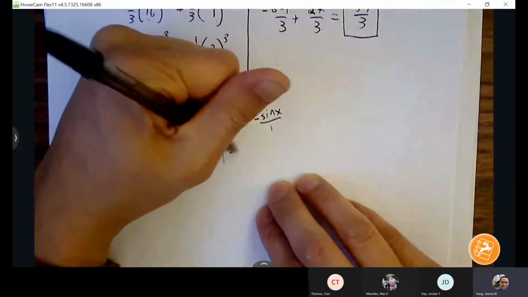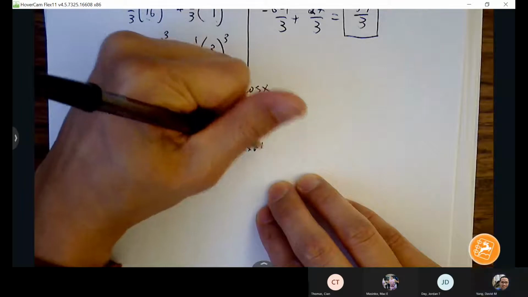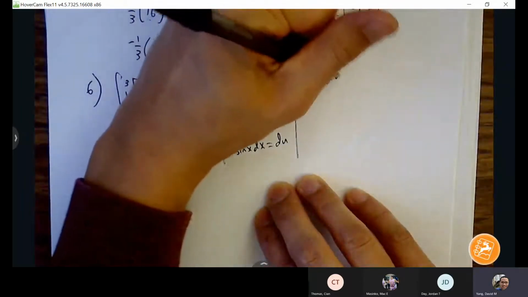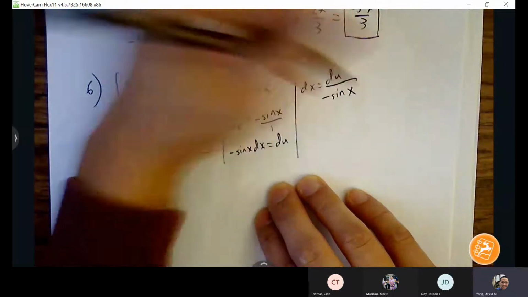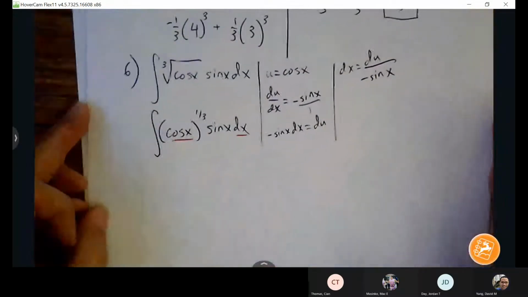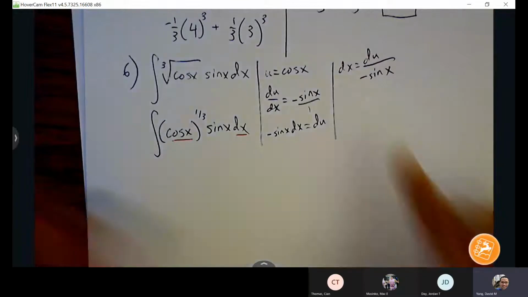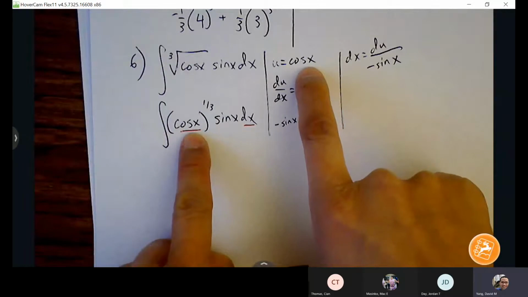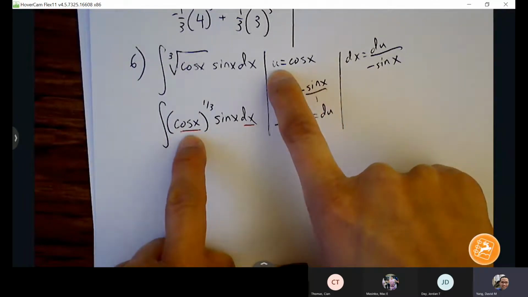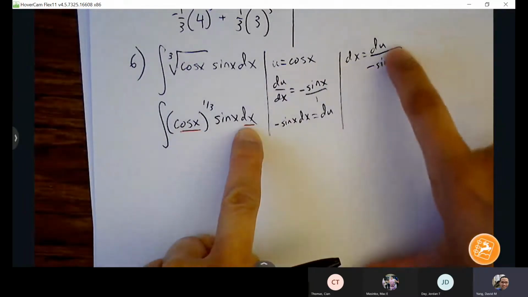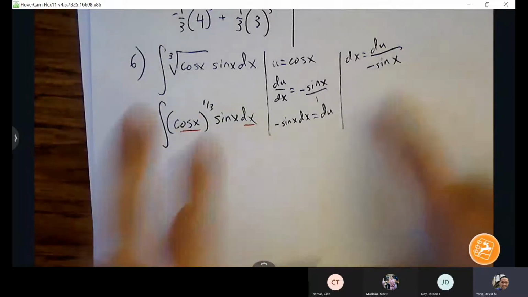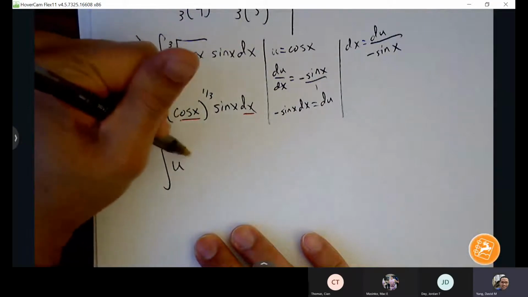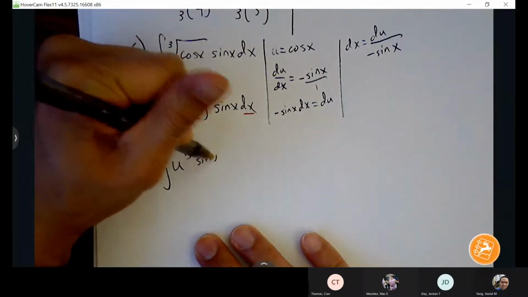Cross multiply. So we're going to substitute. Everything that we need we can go ahead and insert. U goes in for the parentheses, and dx gets replaced with du over negative sine x. Everything else we're going to recopy back into the problem. See if things will clean up nicely.